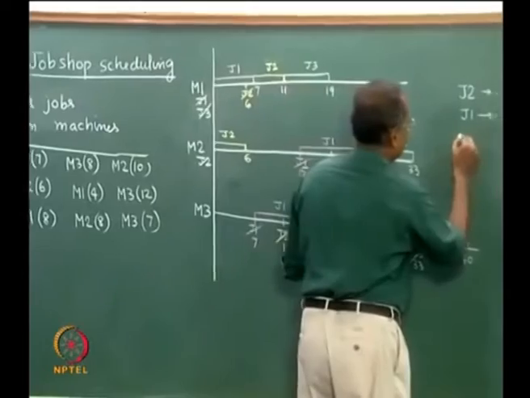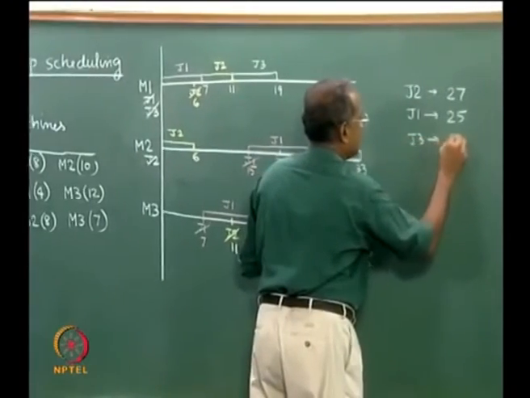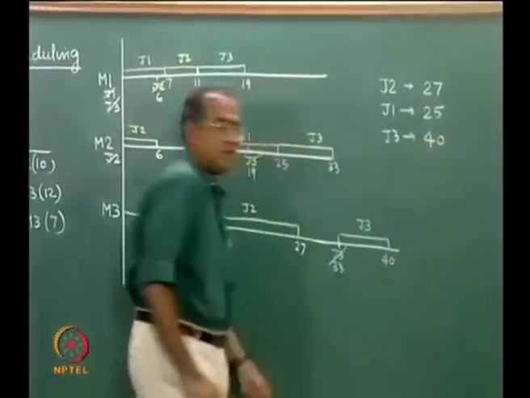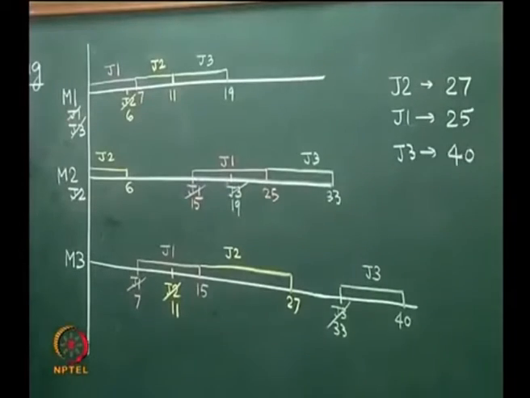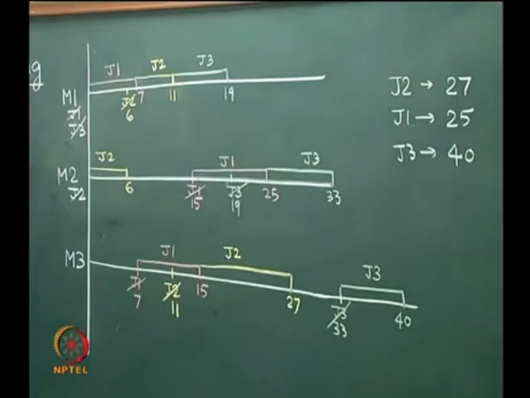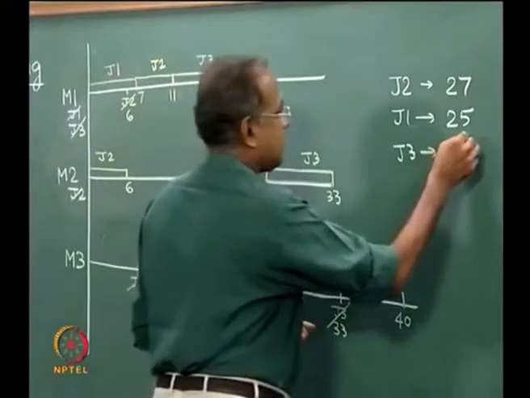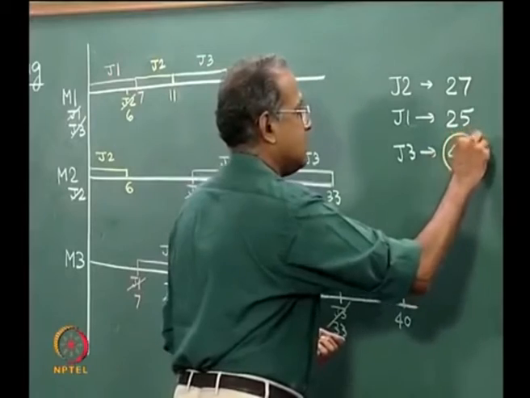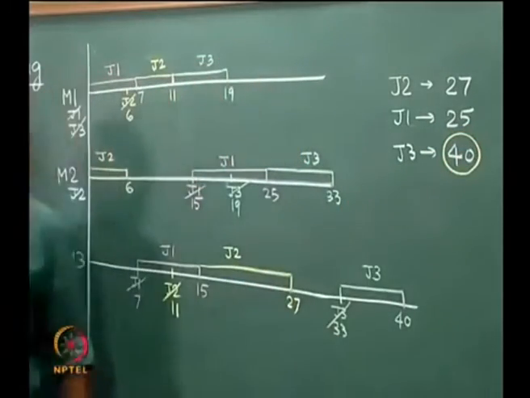So, J3 finishes at 40. So, all the jobs are completed at time equal to 40. So, the make span for this schedule is 40.